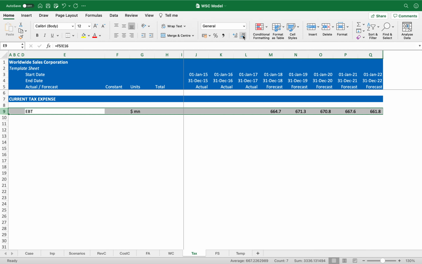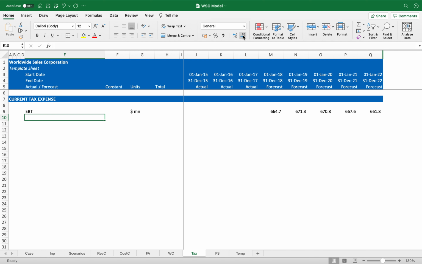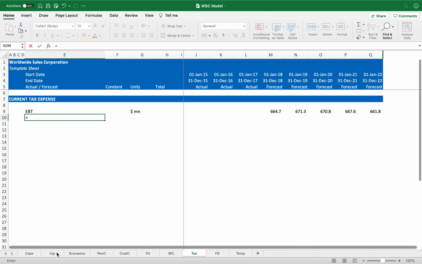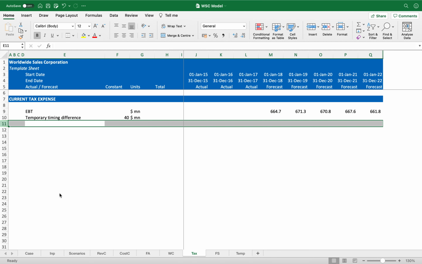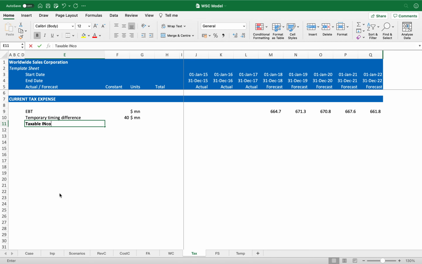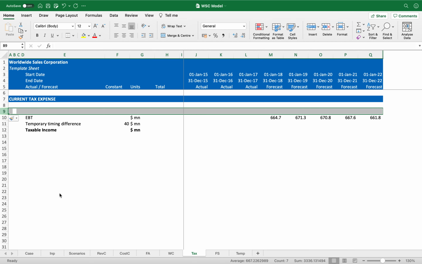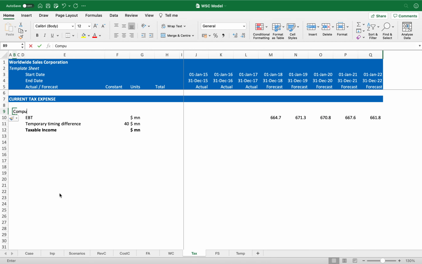This is what it is, which is there in your income statement. What is your temporary difference? $40 million from your input sheet. So how much will be your taxable income? Just write down the heading for this: computation of taxable income.